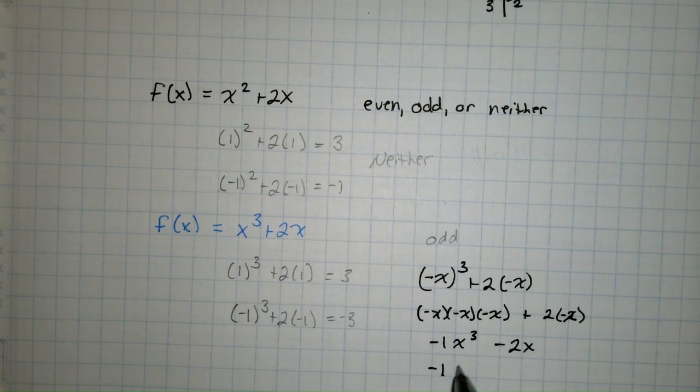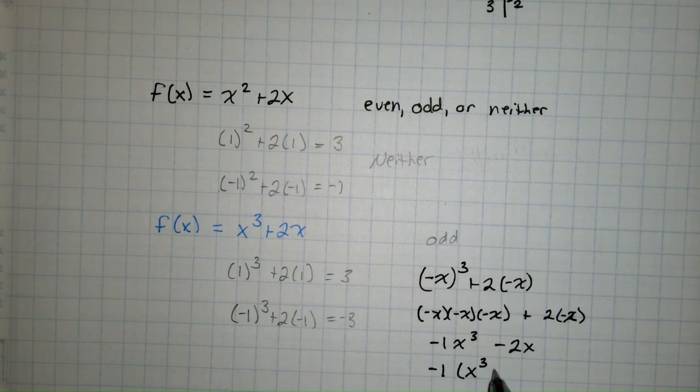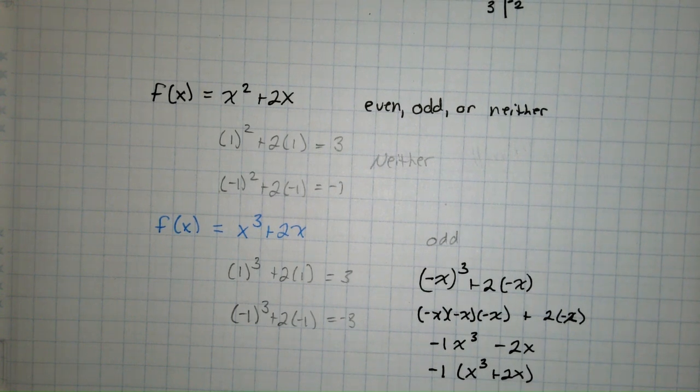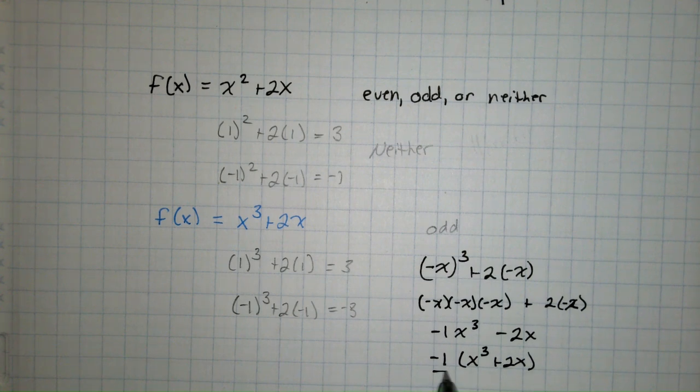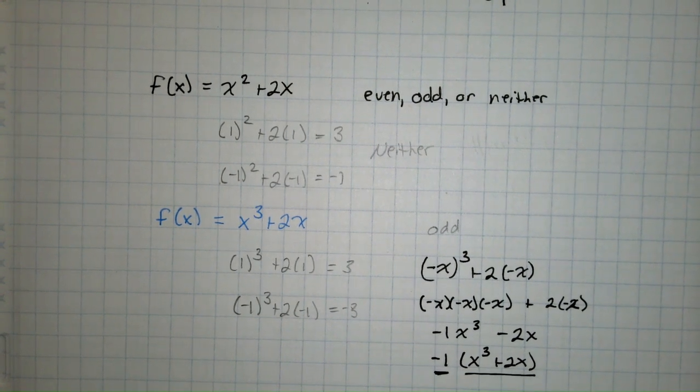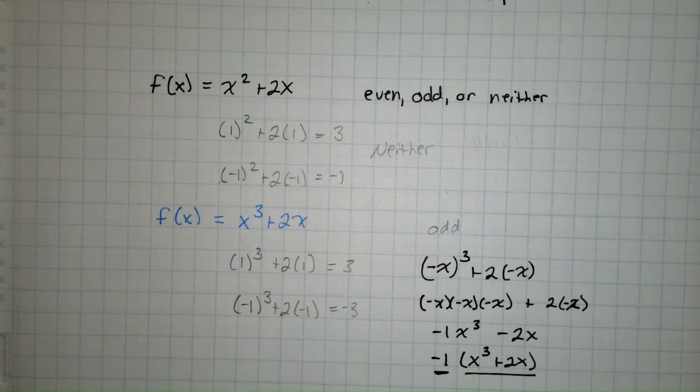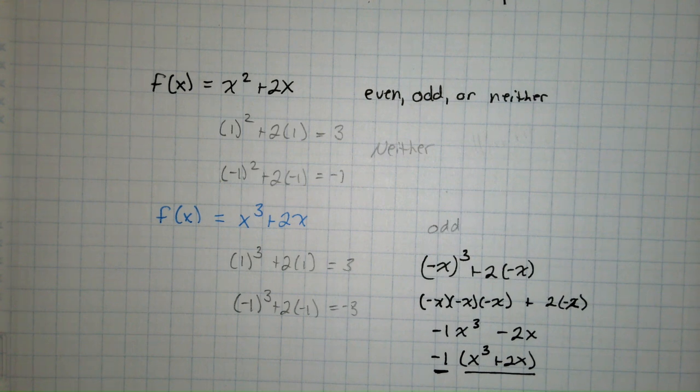If I factor out that -1, so see how this is -1 times the original f of x? That's the other reason why this is odd. So you can do it for a generic variable, but I find it easier to test a number.